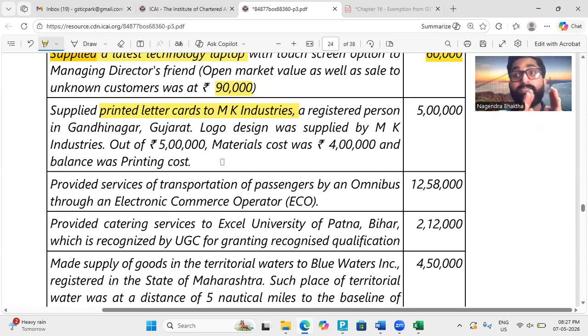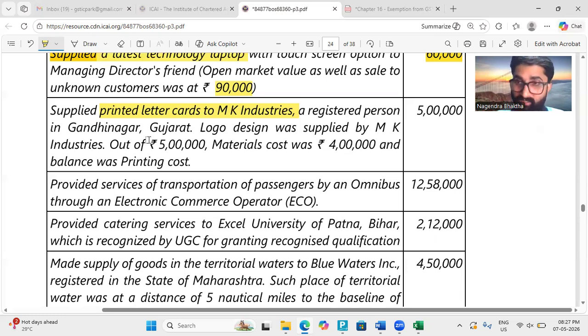If content is important, then it is supply of service. Printing is supply of service if content is important. But here letter cards are important. You remember we discussed in the class that if I get an order for a book, you have to give me the content for the book.